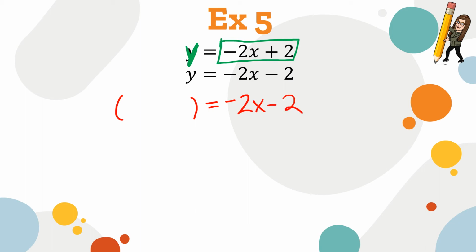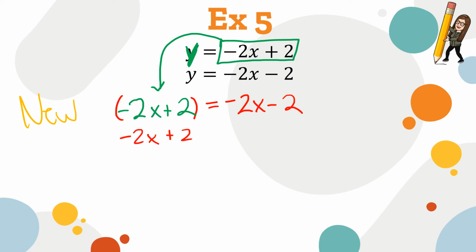And where there's those parentheses, I'm going to put the expression. Now what you'll notice is we really just set each expression equal to each other in the end. It seems a little weird, but it's the same process as all the others, just looks different. That's our new step. Next, we're just going to solve, right? Well, the parentheses, technically there'd be a 1 out front, which would just drop the parentheses.